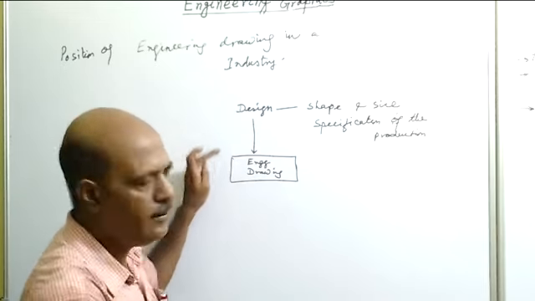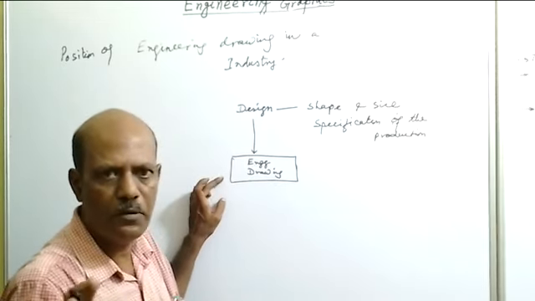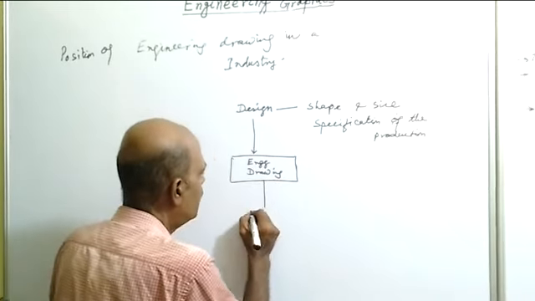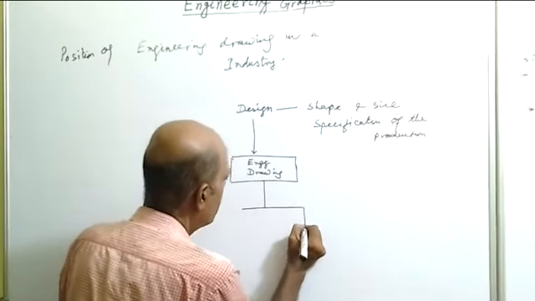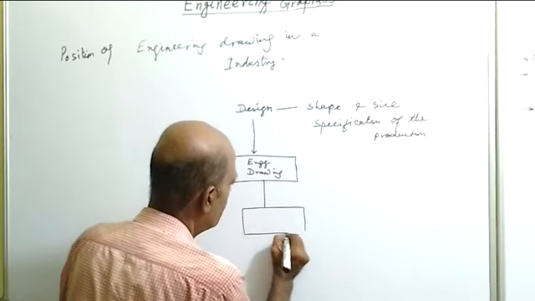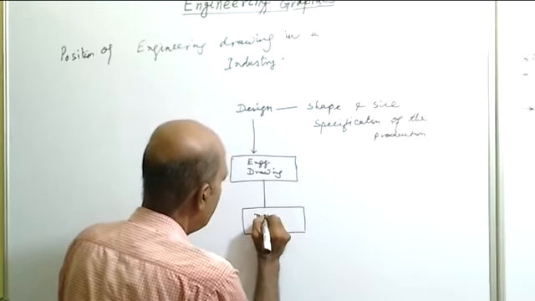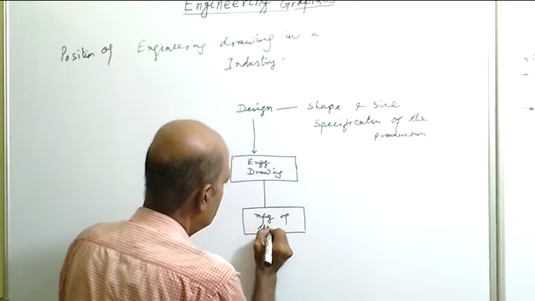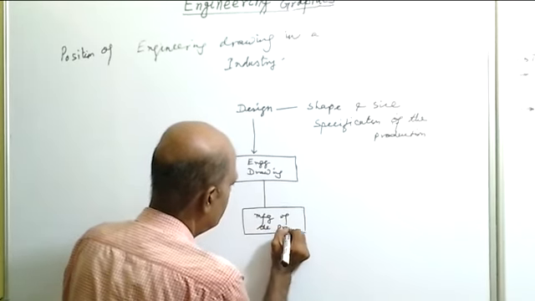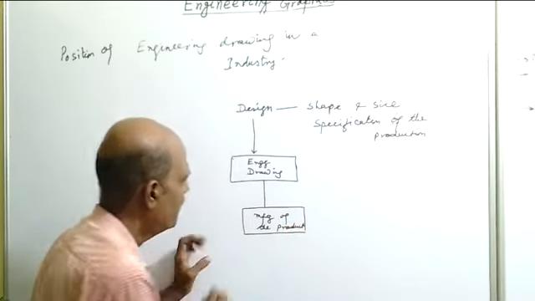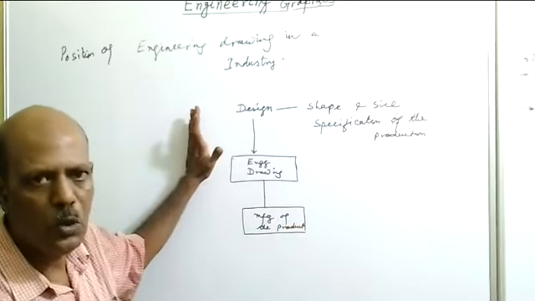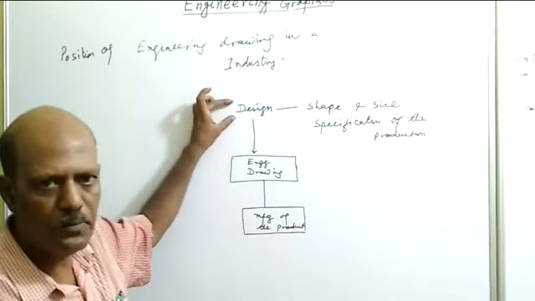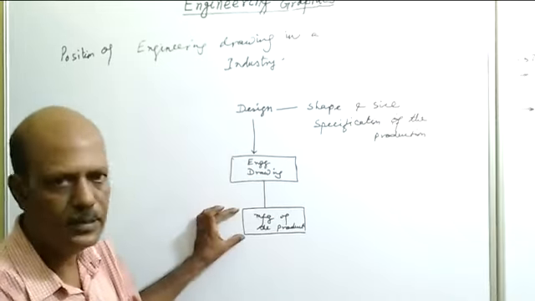So after design, the drawing of the component will be made, and that drawing will go to the shop floor of the industry. Here the manufacturing of the product will be done. Okay, so the engineering drawing is in between the design of the product as well as the manufacturing of the product.